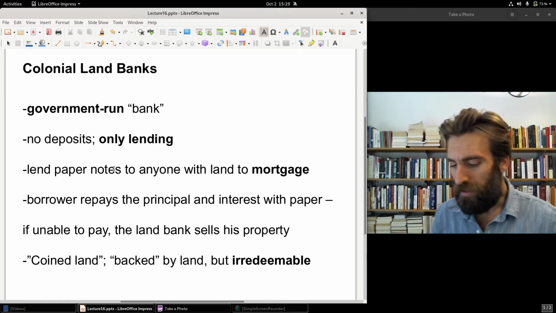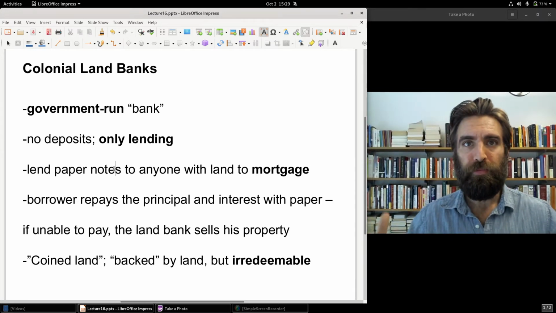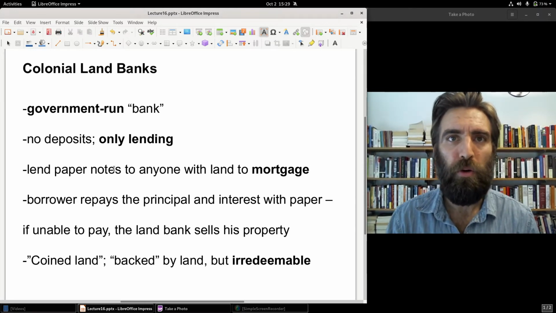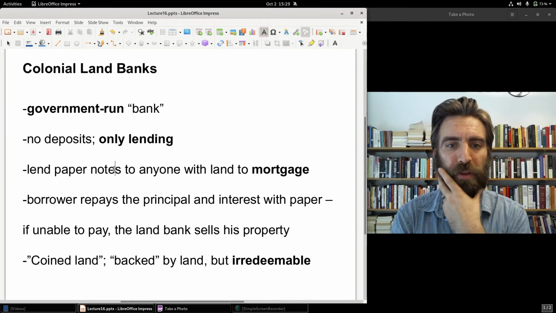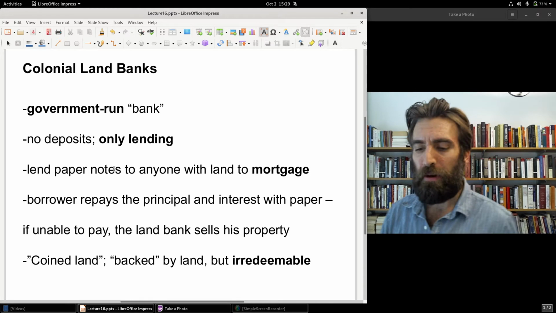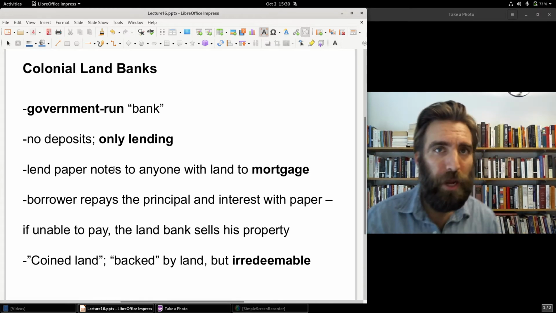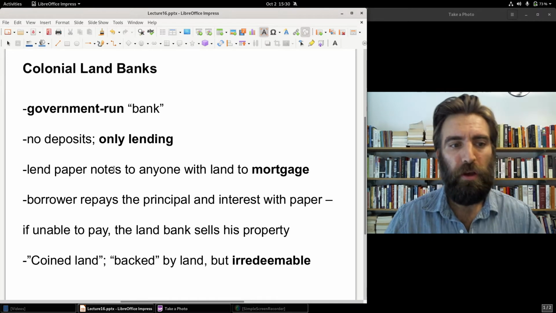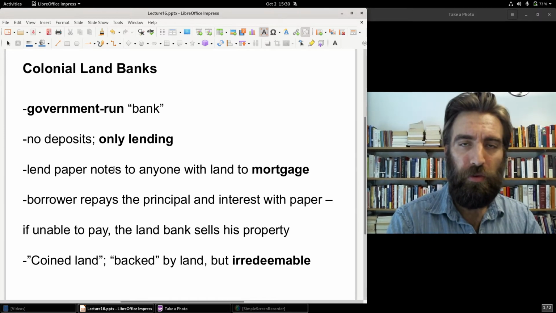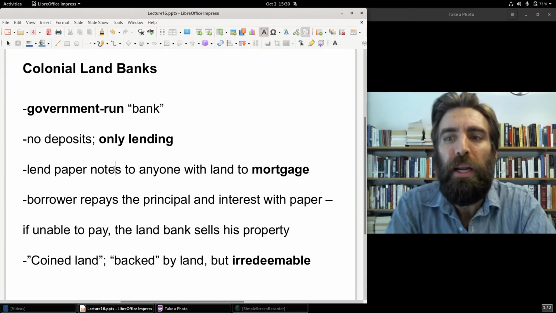So in a sense, the argument was that these notes were, quote, backed by land instead of coin. In fact, Benjamin Franklin, who was a big proponent of land banks, called this form of currency, quote, coined land.